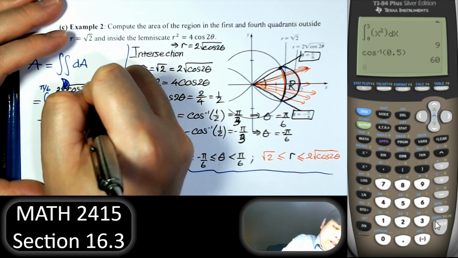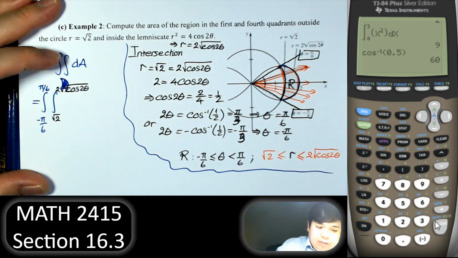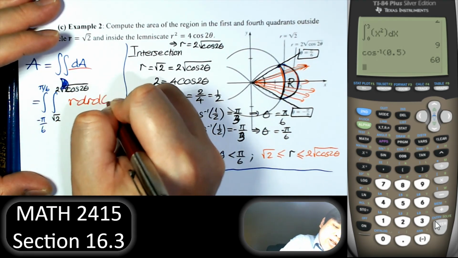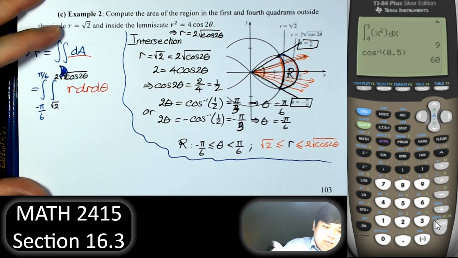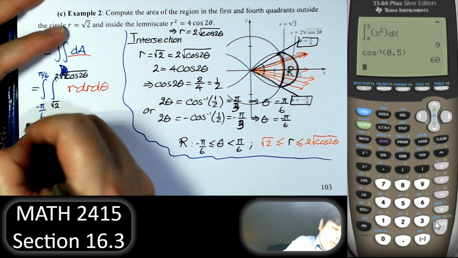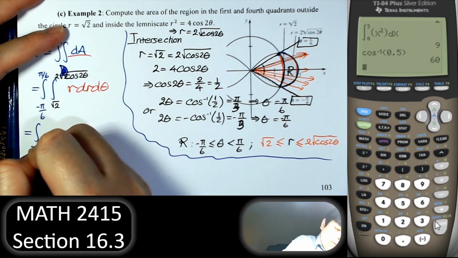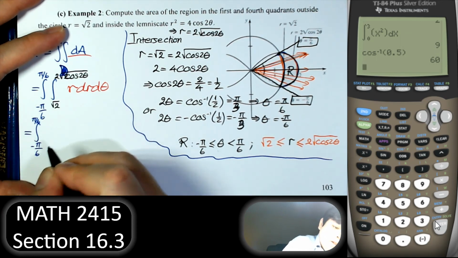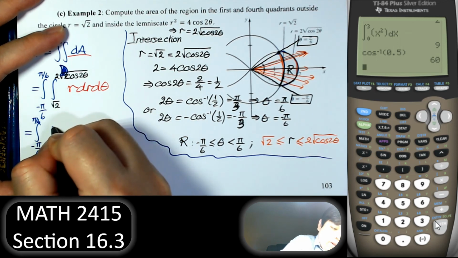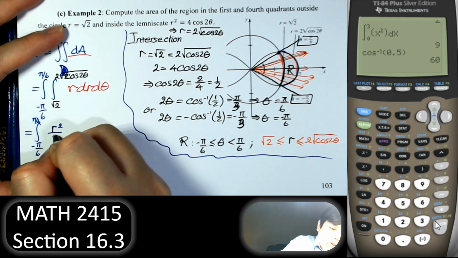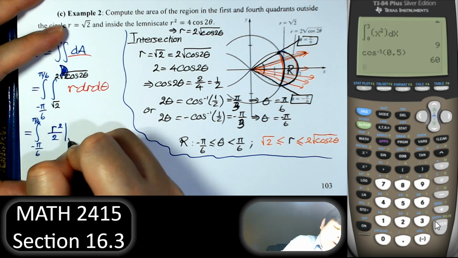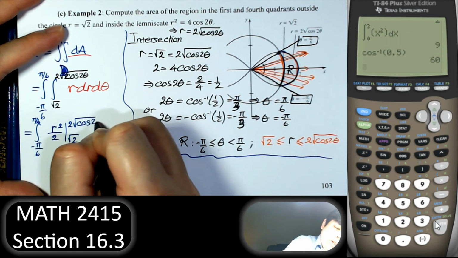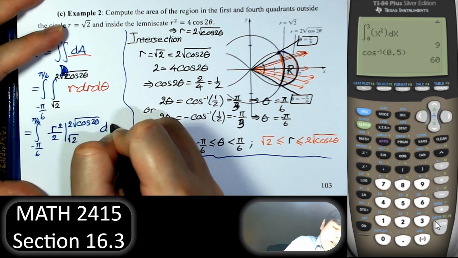Cosine 2 theta. dA equals r dr d theta. So we have negative pi over 6 to pi over 6, integral of r squared over 2, going from square root of 2 to 2 square root of cosine 2 theta, d theta.